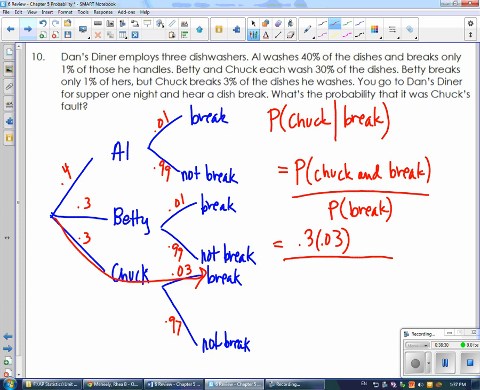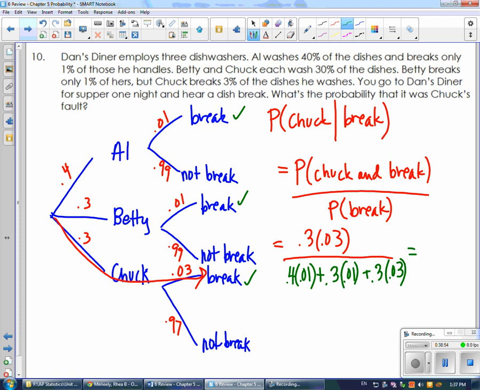But then I also have to think about the probability that a dish broke. Well, there's 3 different ways that that could happen. Al could have done it. There's a 40% chance that he was washing the dishes, and if he was washing the dishes, there's a 1% chance that it broke. Or it could have been Betty. There's a 30% chance that she was washing the dishes, and she has a 1% chance of breaking the one she washes. And then we can go ahead and add Chuck again.